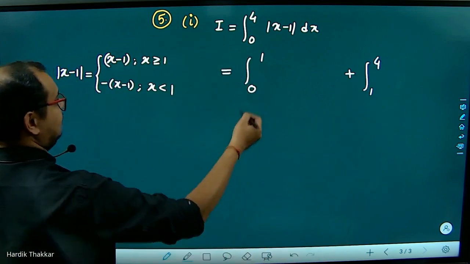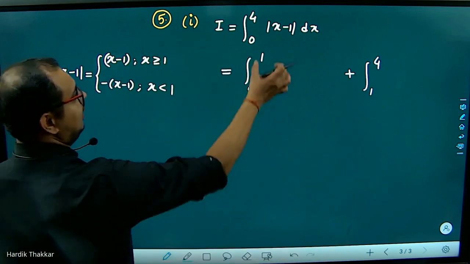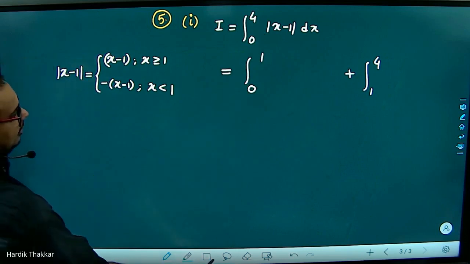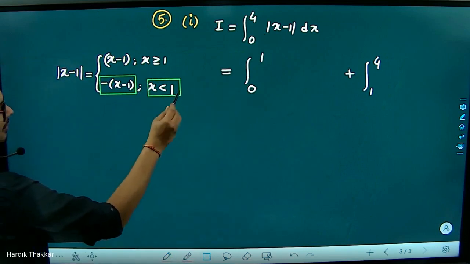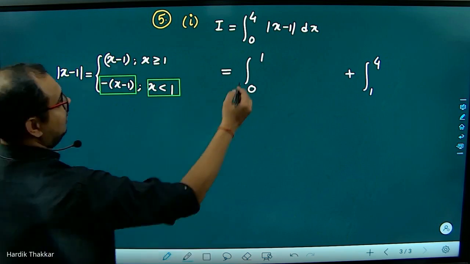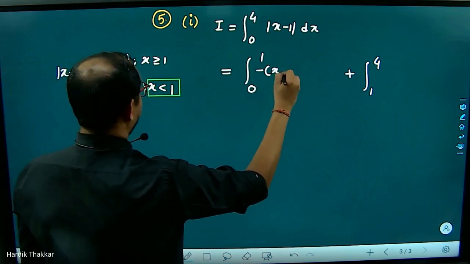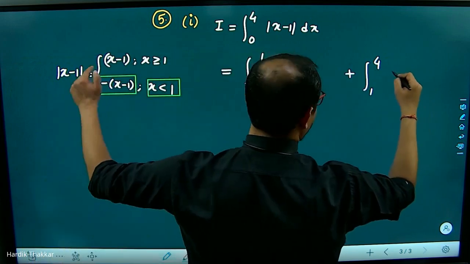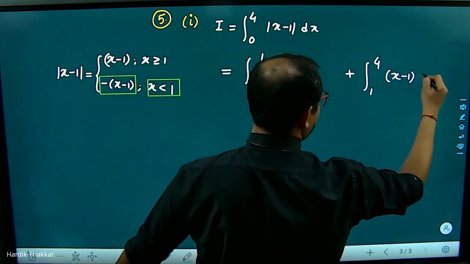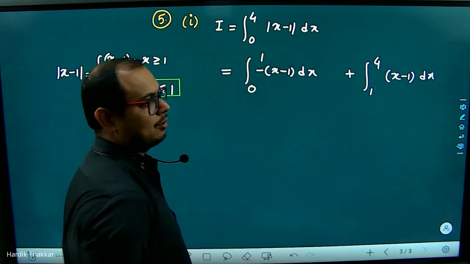So for the first interval 0 to 1, we will replace this modulus function with this lower value, like this, because x is less than 1. So we will replace this with minus of x minus 1 dx. And for the next interval, we will replace with the upper value, that is this, and dx. Further, you can solve and integrate.